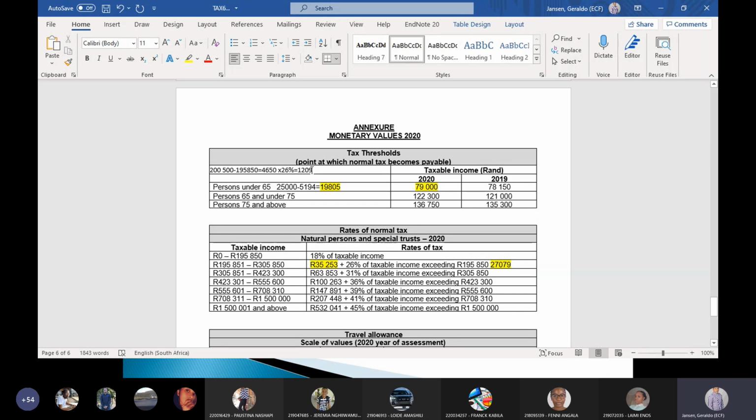So that is also an amount that I need to add. 1,209 plus 35,253 gives me 36,462. That is the tax for the year for this person. If I want to get the monthly tax, I just divide it by 12. So this person will pay 3,038.50. That is rand, sorry. I'm so stuck with these Namibian dollars. So it's rands.